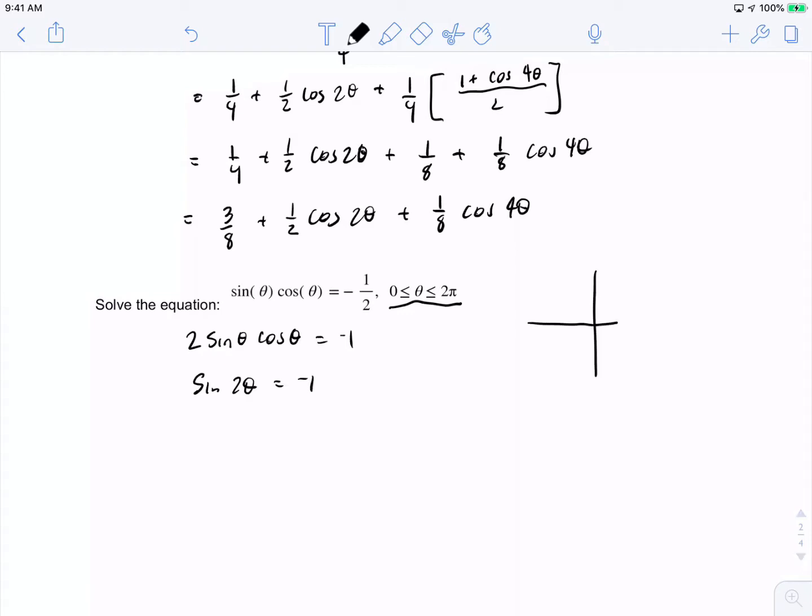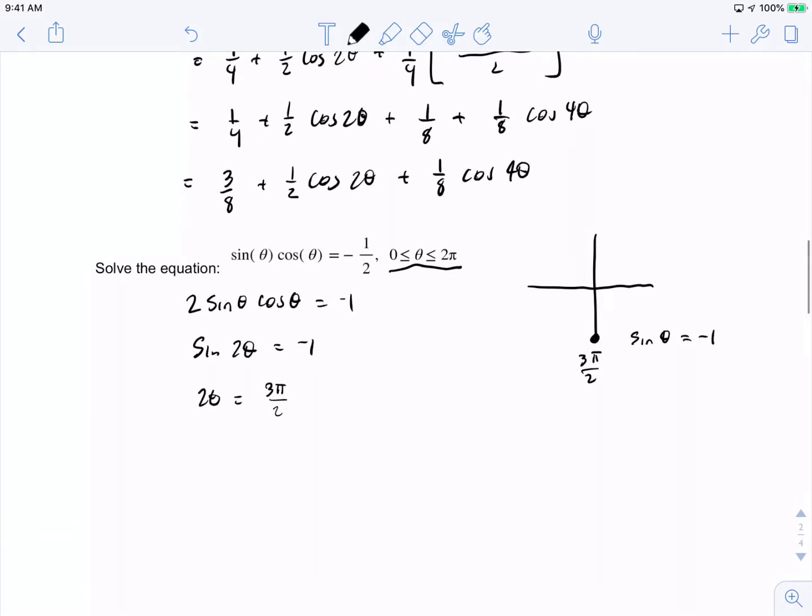And when we look at the unit circle, we know that sine of theta is equal to -1 at 3 pi over 2. Well, if the angle is 3 pi over 2, 2 theta has to equal 3 pi over 2.